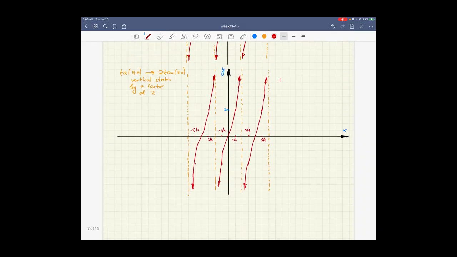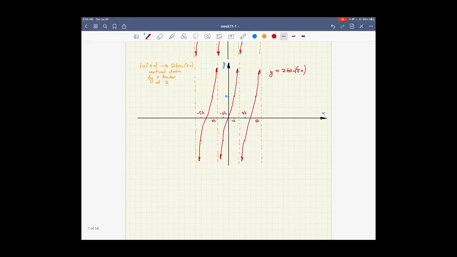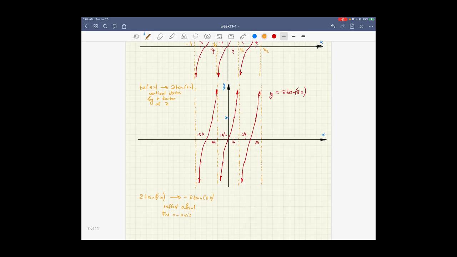So that is y equals 2 times tangent pi x. To get negative 2 tangent pi x, we simply reflect about the x-axis. That is the only transformation here. So let me copy this onto the new page.